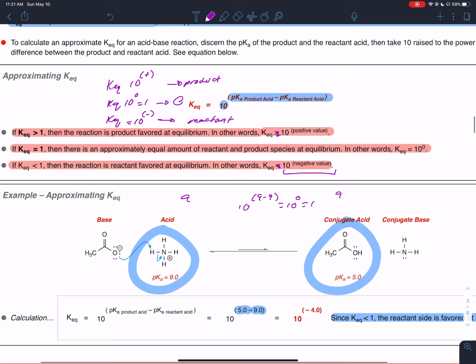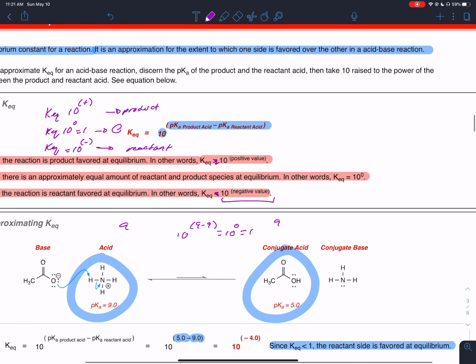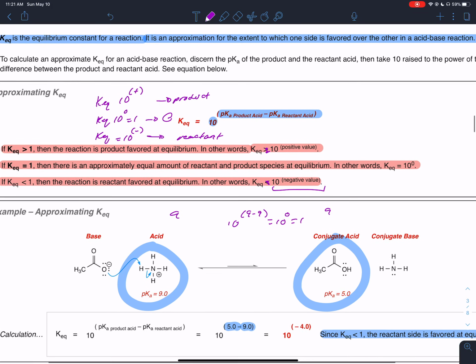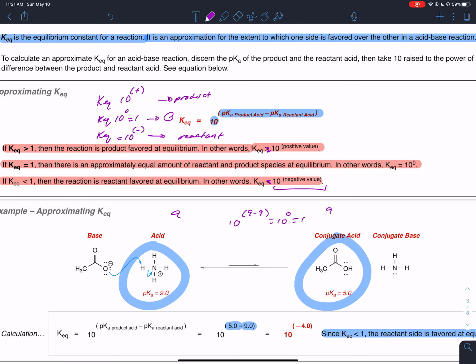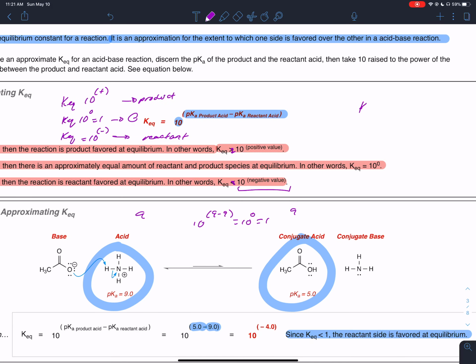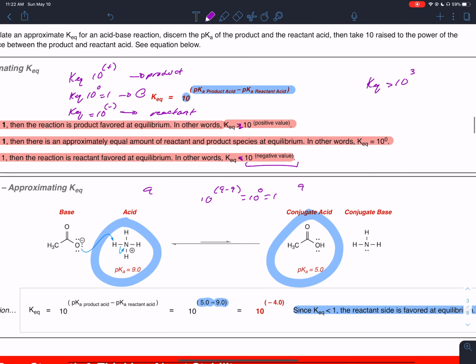Now, why we might do this is we might want to figure out, is an acid-base reaction irreversible? And in general, if KEQ is 10 to a value of 3 or more, okay, then the reaction is irreversible. Essentially, if we consider these two species reacting together, when we react this way, the KEQ would be at least 10 to the 3, okay, right?